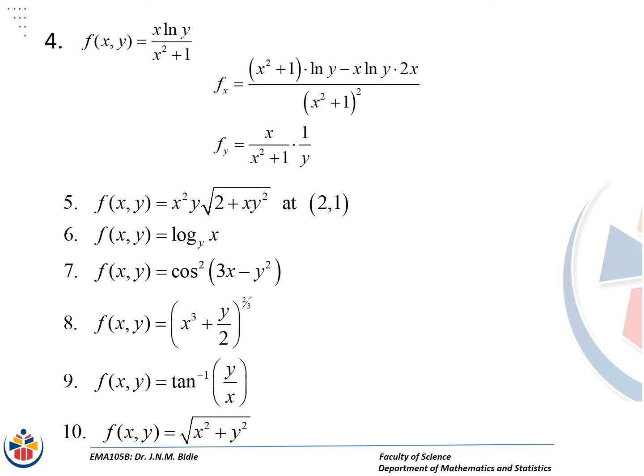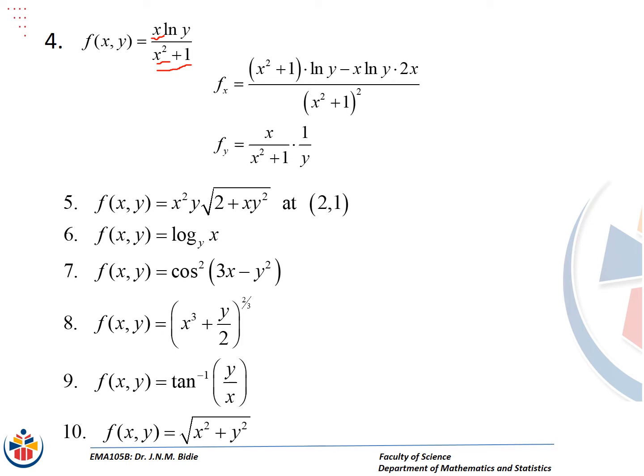That gives us ln y, minus the numerator times the derivative of the denominator, which is 2x. All of this is divided by the denominator squared. Please remember the reason why we use the quotient rule here, for the derivative of f with respect to x, is because we have x in the numerator as well as in the denominator, so the quotient rule applies.